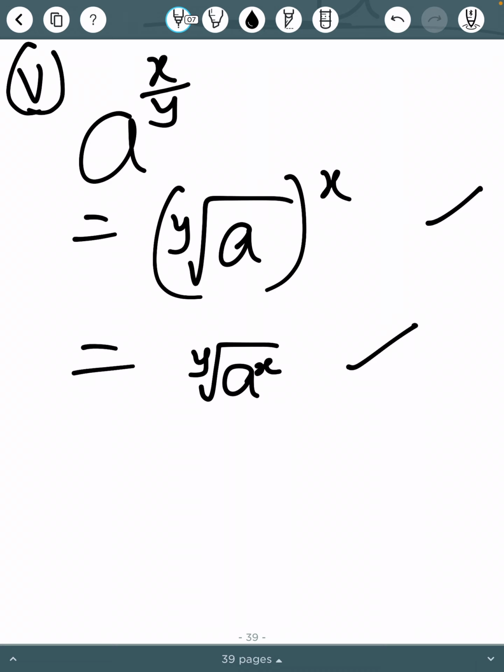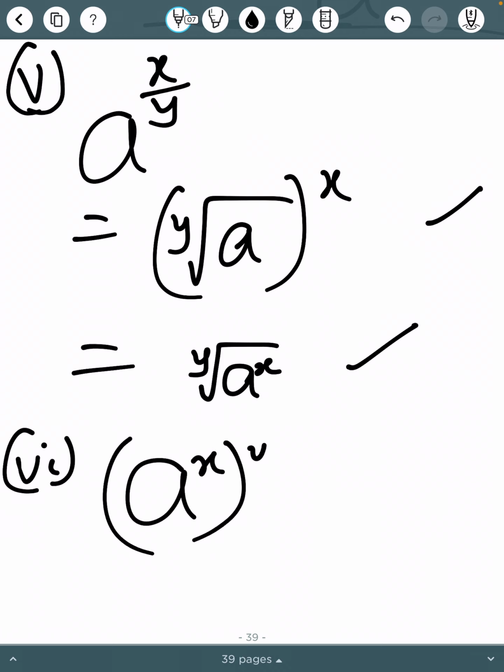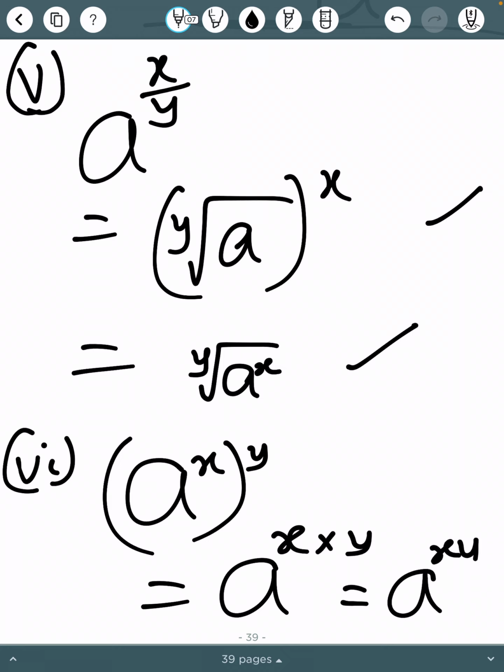So any of these two is a good interpretation of the fifth law. The sixth law of indices says a raised to power x in brackets raised to power y should be treated as a raised to power x times y, or a raised to power xy. So when we have brackets around our powers like this, we just multiply them.